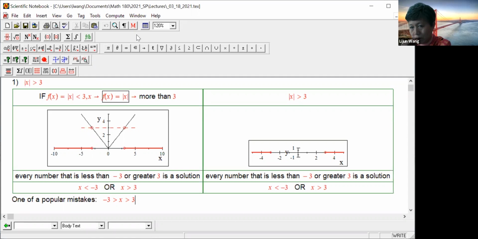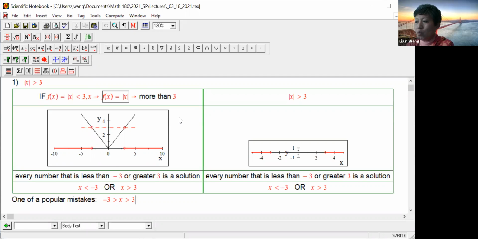Okay. What does this mean? Mathematical sentences are usually very strict, and the use of symbols is very strict in terms of meaning. There's no ambiguity.